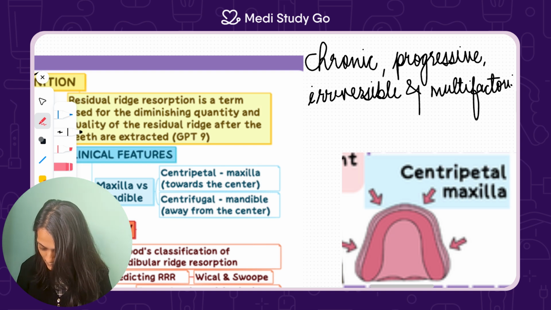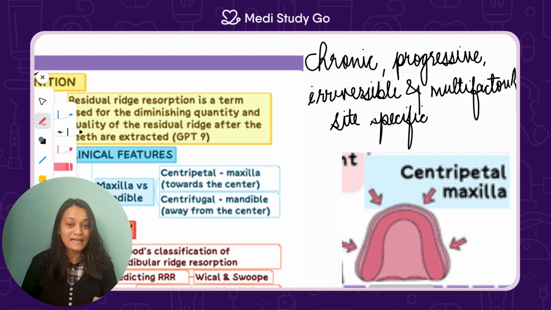Also, it is site specific. When I say site specific, I want you to understand that the pattern of resorption is going to be different for maxilla and for mandible.